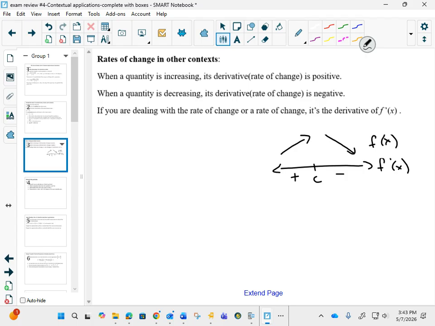So later on, you might get a number line that has your second derivative. And you might have a point C on there where your second derivative is 0. And you found out this was positive and this was negative. Moving up one level, you would know that f prime of x was increasing, f prime of x is decreasing.